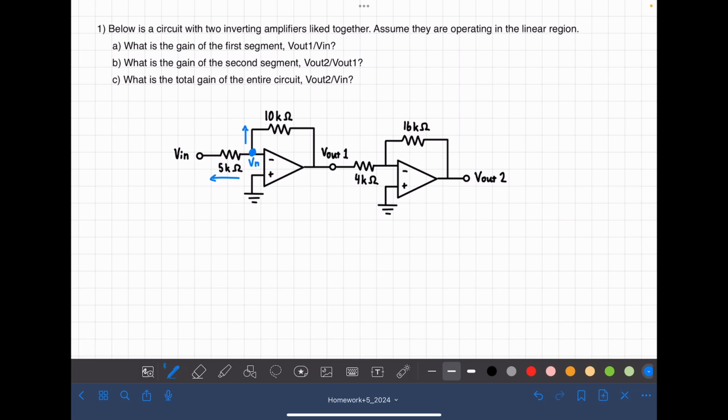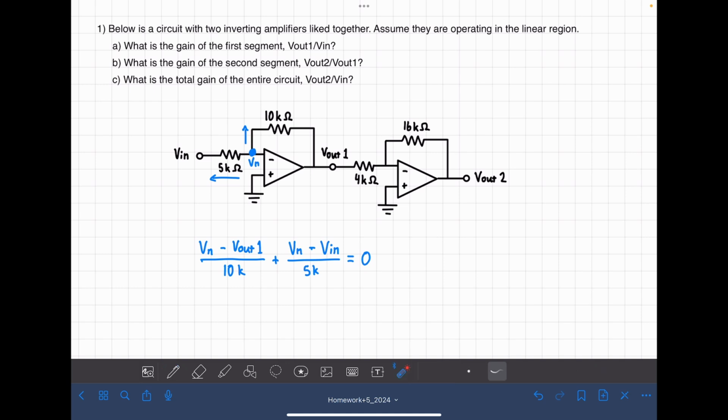So we have our VN minus V out 1 over 10K, and our Vn minus Vn over 5K, and that's equal to 0.